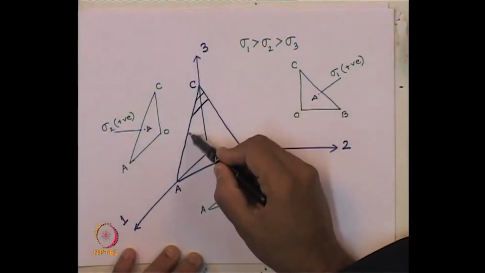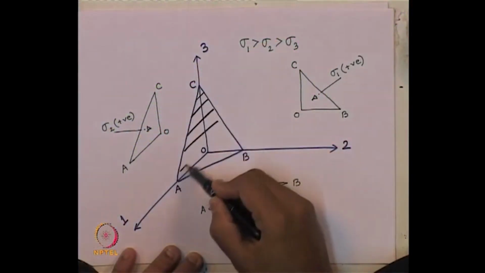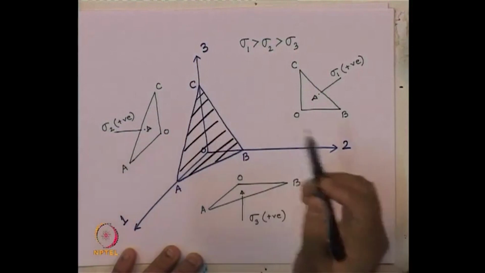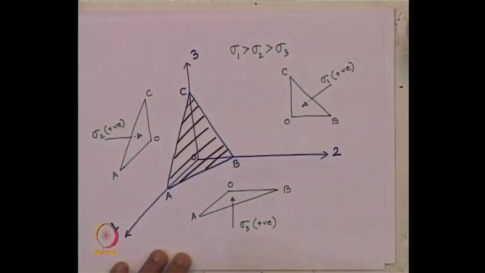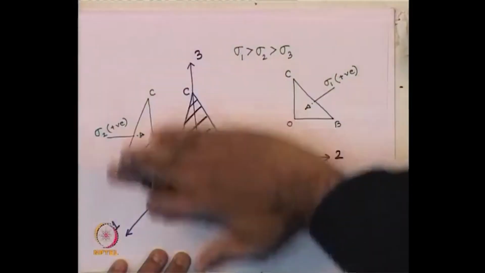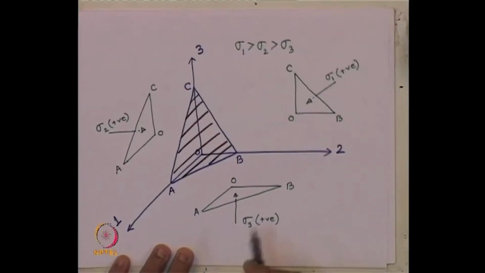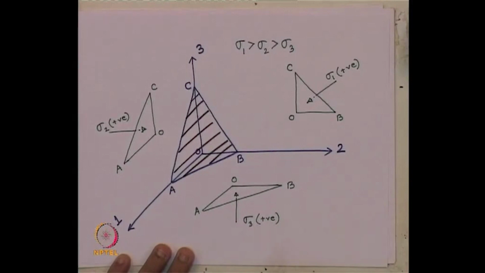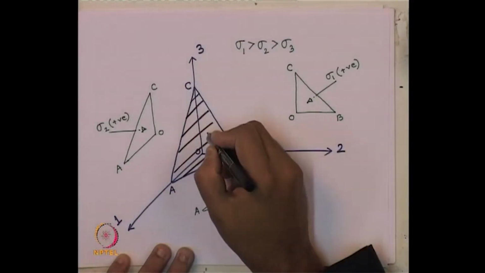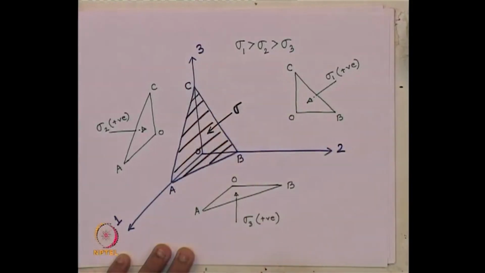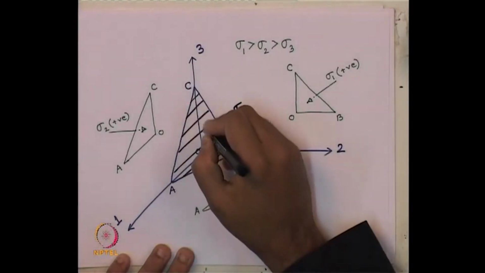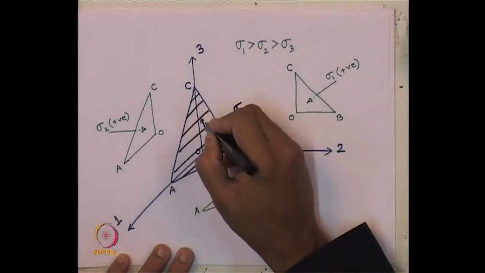So, let us say on this plane, that is the plane ABC. Can you see this? ABC. On this plane, any inclined plane, I want to find out how much is the normal stress and how much is the shear stress.